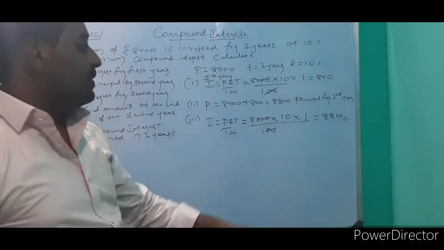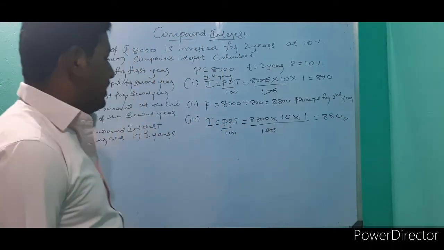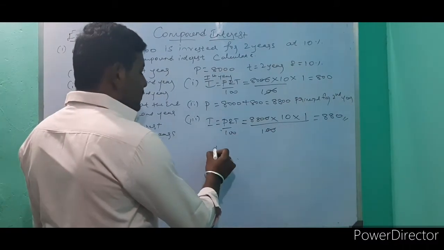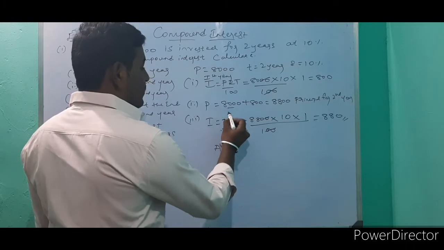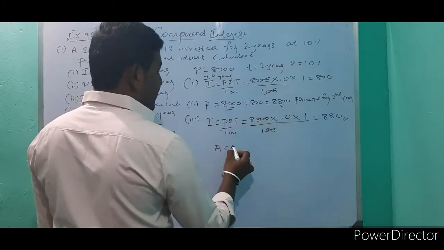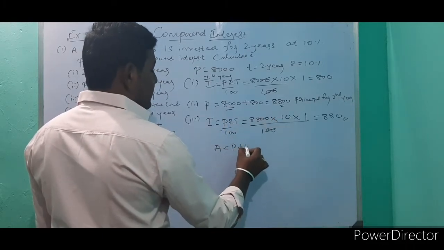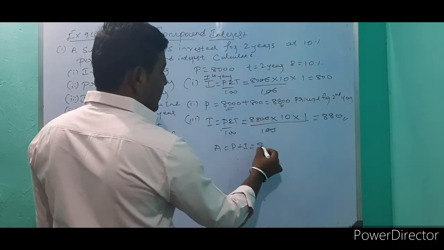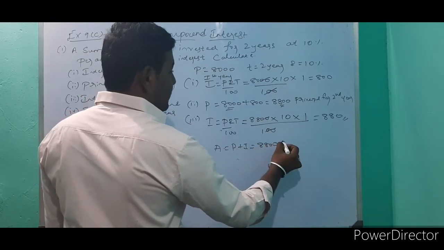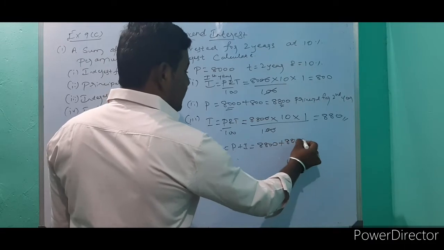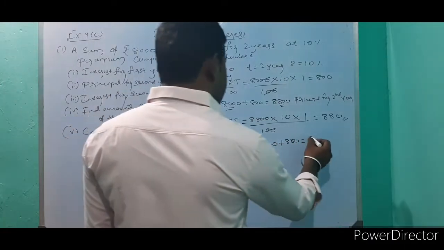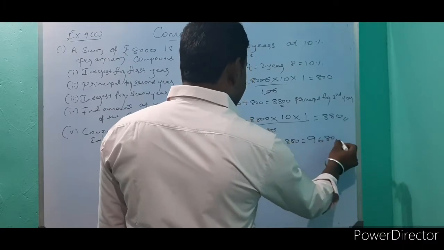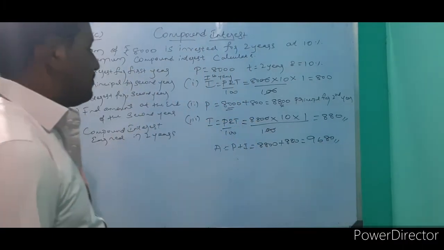Second year interest is how much? 880. If you want the amount, we have to find it out. What is the principal amount for the second year? Principal plus interest. Second year is 8,800 plus 880. So 8,800 plus 880 is 9,680, the total amount.